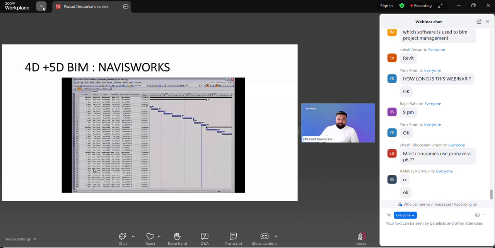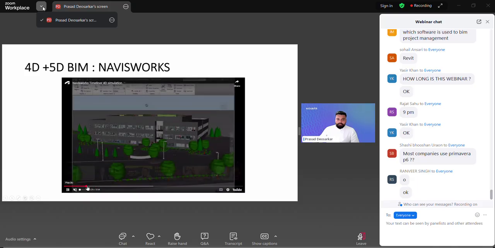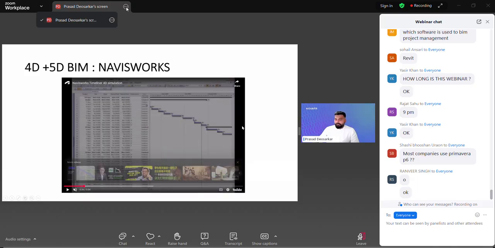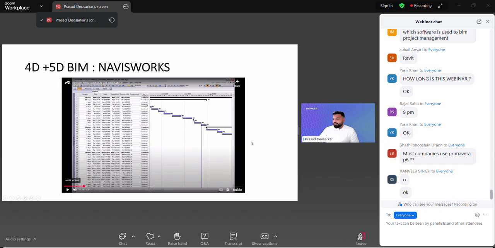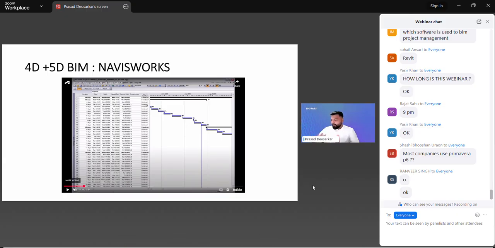Okay, so one thing is that it is not as simple as it looks, linking your construction schedule and your BIM model together. It's not that simple. You need a bridge. Okay. Because Microsoft Project is a different application, Primavera is a different application, and Revit, Civil 3D and Navisworks are all different BIM application software. But there has to be a bridge that connects both of these.